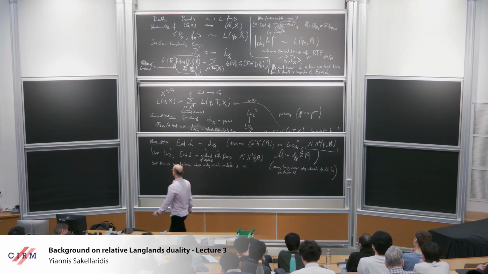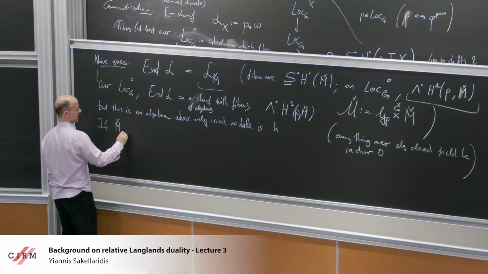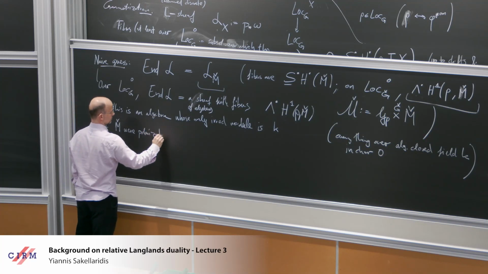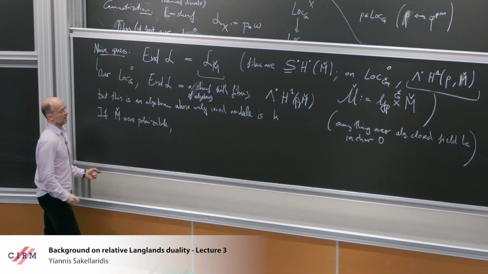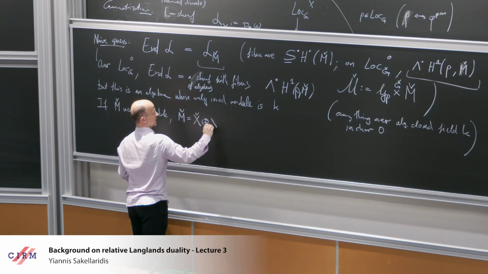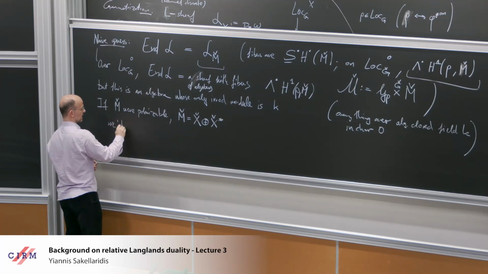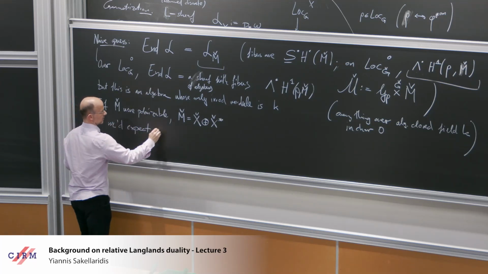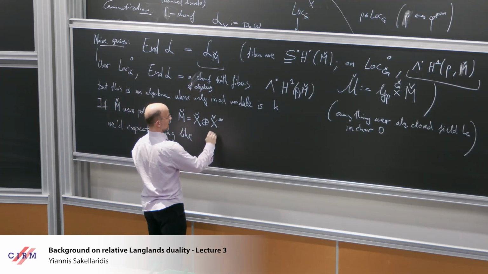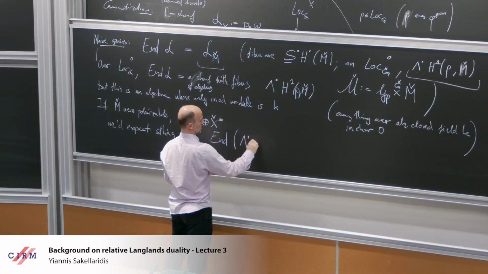So this is not, if M check were polarizable, so M check equals X check plus X check dual, we would expect something that looks more like a matrix algebra. So we would expect something like endomorphisms of the exterior algebra of X check.